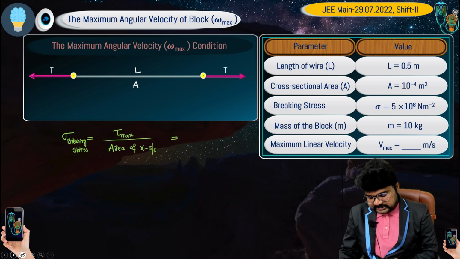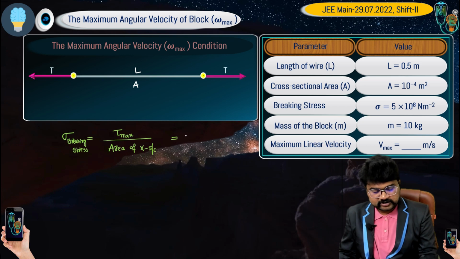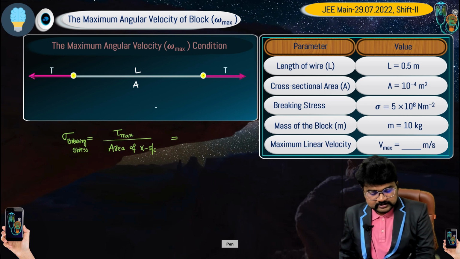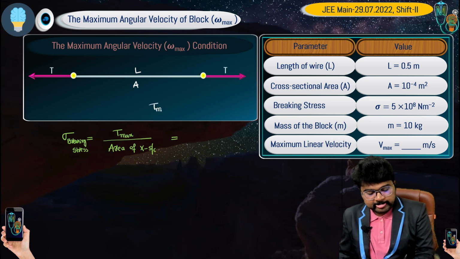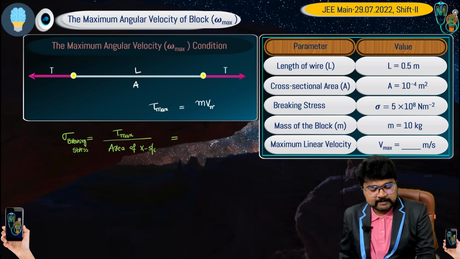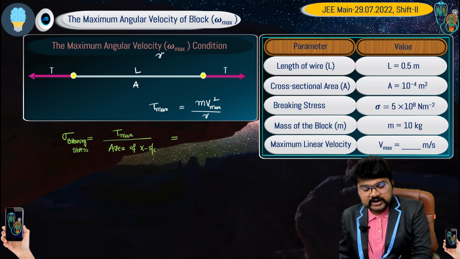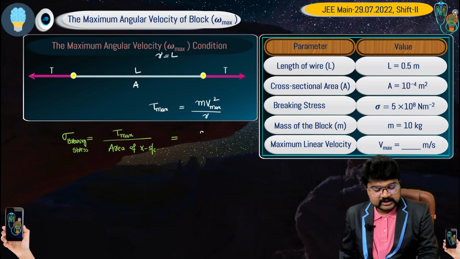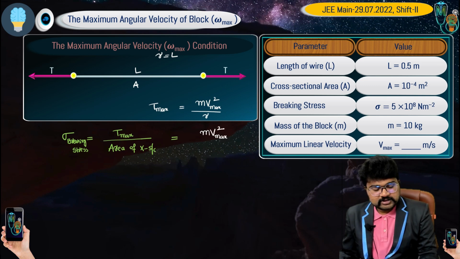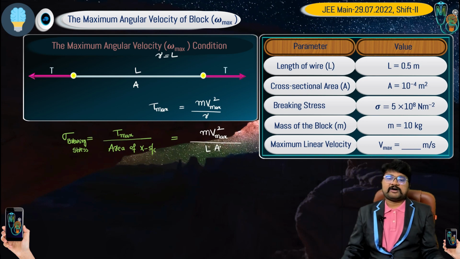Sigma breaking stress equals T maximum by the area of cross section. What is T maximum? It is M V maximum square by R, and R is equivalent to L. That is why we can write M V maximum square by L and A, where A is the area of cross section.